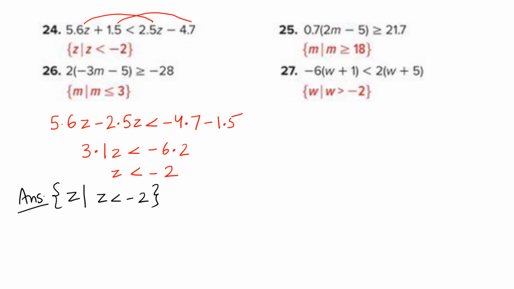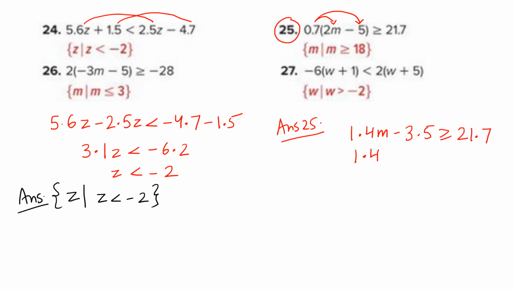Let's similarly solve this question also. In question 25, you see brackets, so you are going to multiply, use the distributive property. So when you do that, 0.7 multiplied with 2 gives you, let's write answer 25 here. This gives you 1.4m minus 3.5 is greater than or equal to 21.7.